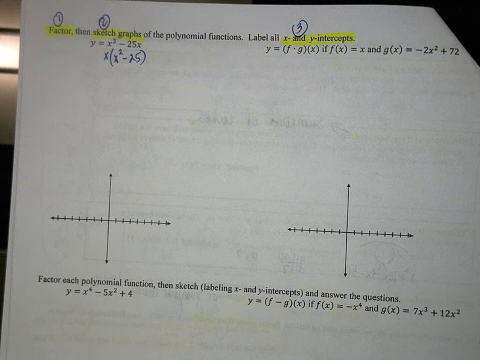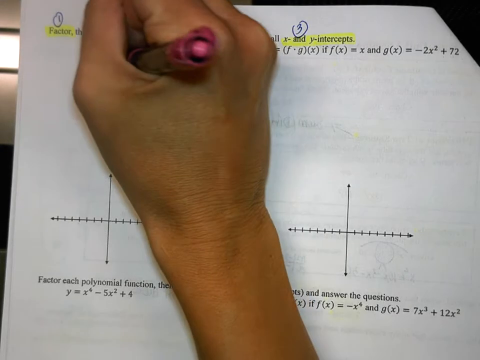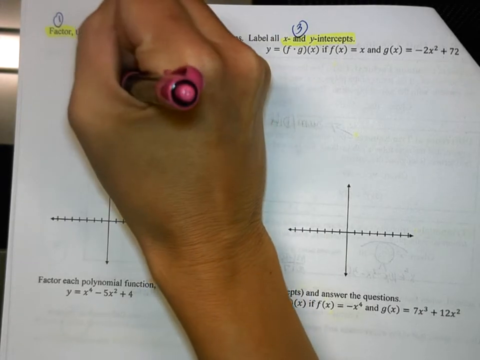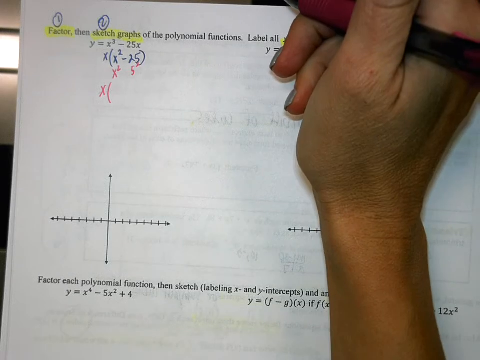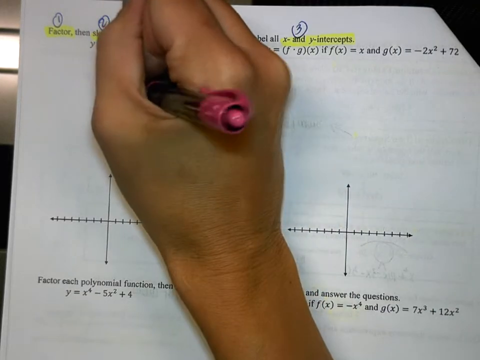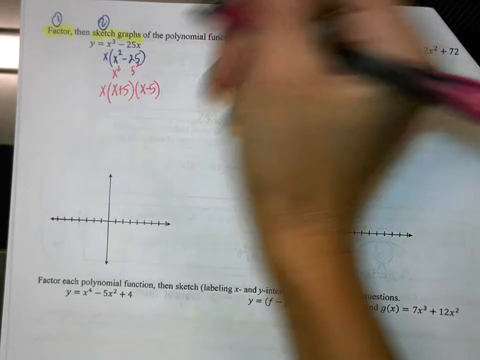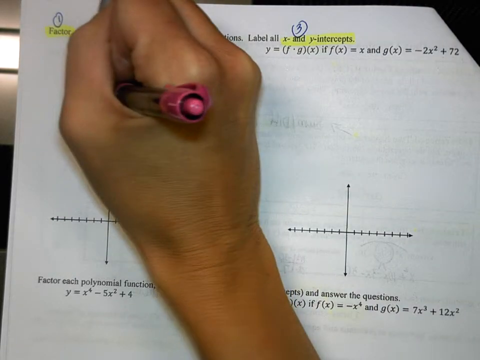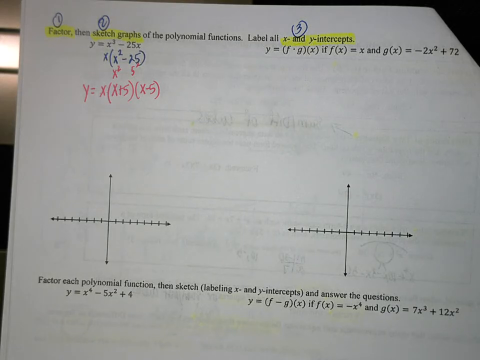Yes, because 25 is a what? 5 squared. Very good. So we factor this and we have x, and then x squared minus 25 is going to factor to be what? Very good. And this is y equals. Okay, so we have now done our first step. We have factored the equation.